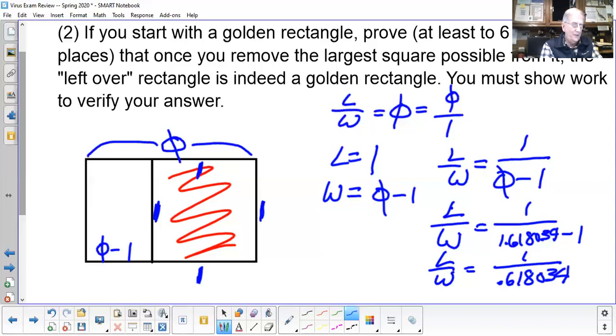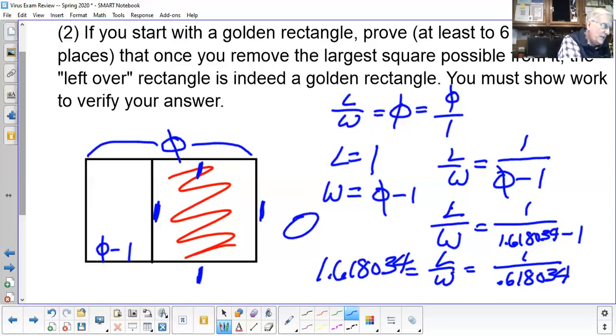And when I do, guess what? I get 1.6180339, which rounds to 1.618034 to 6 decimal places. QED once again, I have shown by informal proof that this works out.